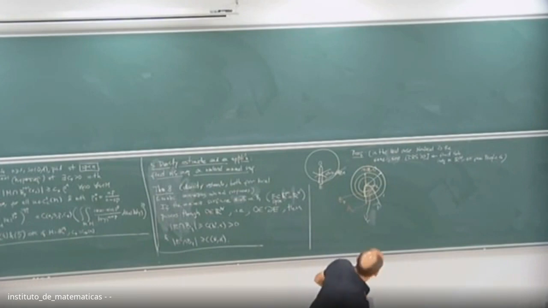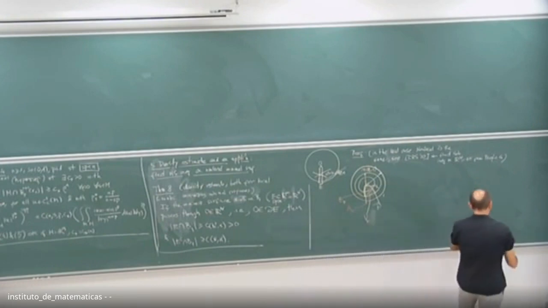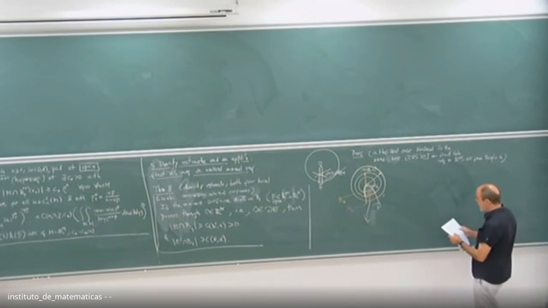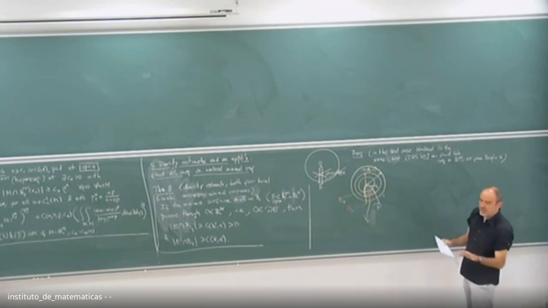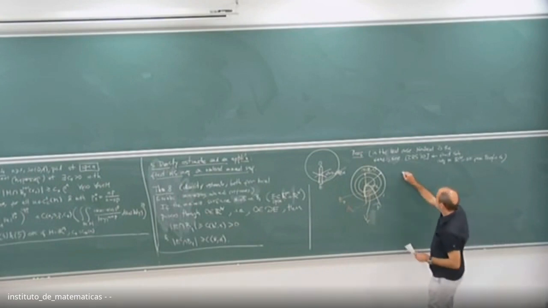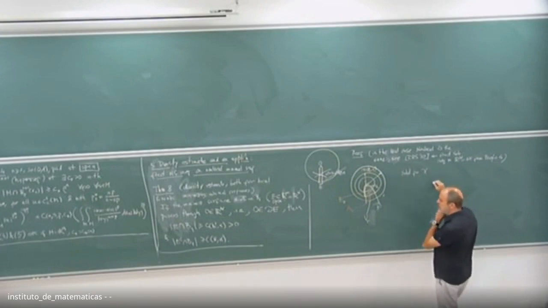Right? And then the rest is very, very simple. You will see that. And then we use the Sobolev inequality, for characteristic functions. In this case, the characteristic function of V_r.